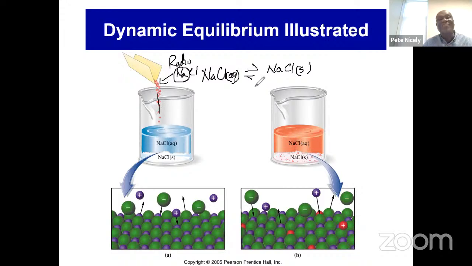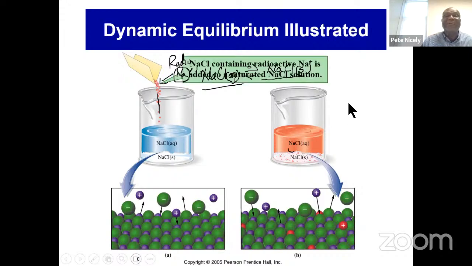What that tells us is that you have the conversion continually from the solid state to the aqueous state and back. And what you'll find is that the amount of radioactive sodium remains fairly constant, which goes back to what I said before, that the concentrations or the amounts of the different components in the system will remain constant at equilibrium.